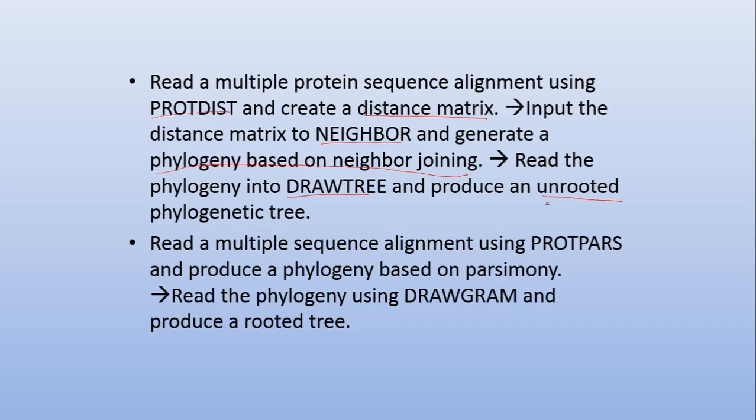Or the other way around, you can read the multiple sequence alignment using PROTPARS and produce a phylogeny based on parsimony. Once you have a parsimony based tree, you can use DRAWGRAM and generate a rooted tree. So there is flexibility in using these computer programs. It is not to be used in a specific way. You can mix and match according to your need, right?